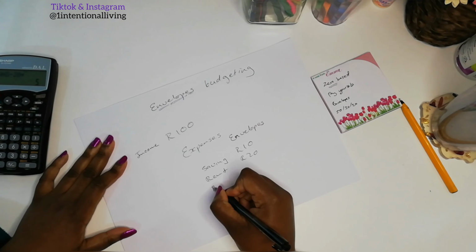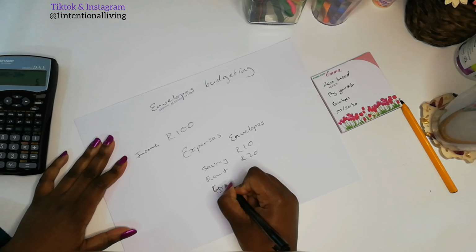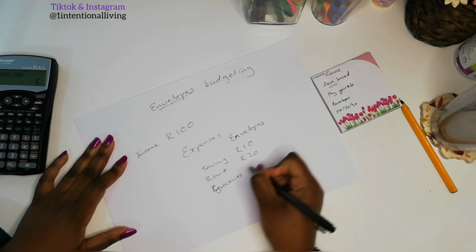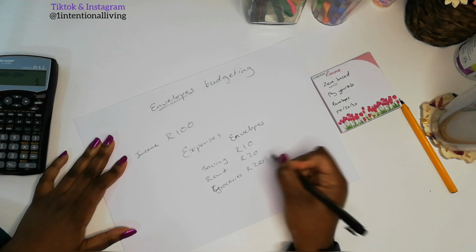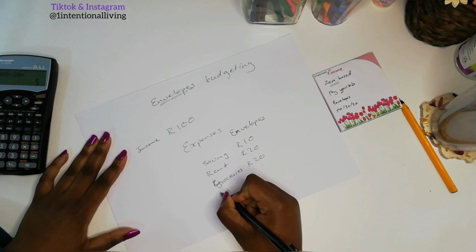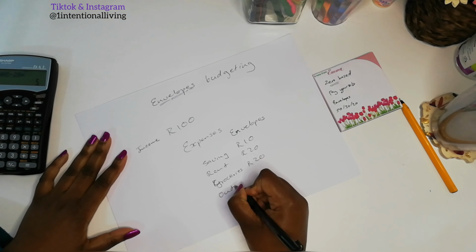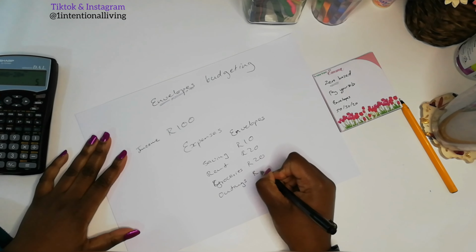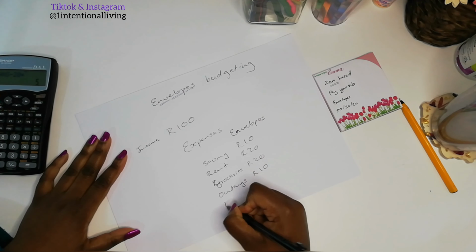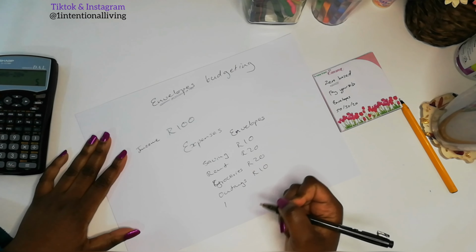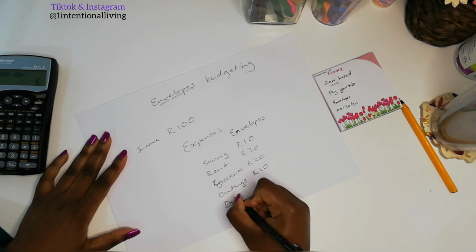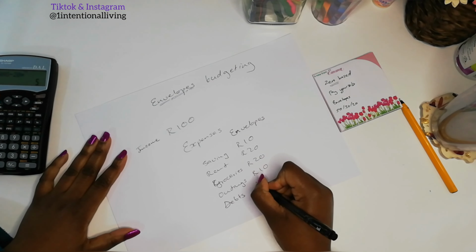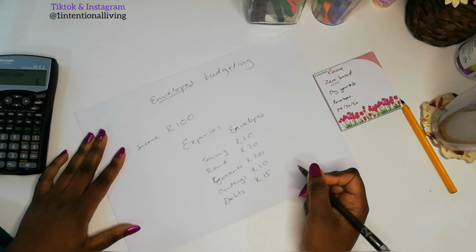And then, what else? Let's see. Groceries. You have maybe another 20 Rand there for groceries. And then you have your outings. You have 10 Rand for outings. And then you have, what have we not done? You have your debts. We all have some kind of debt or another.